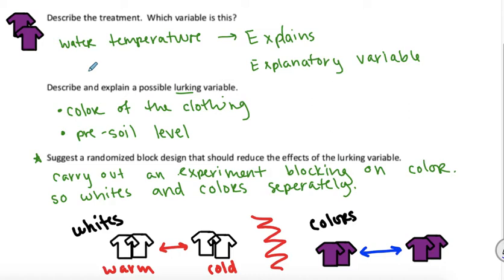So this could be a randomized block design. We know there's a difference in the cleanliness levels of whites and colors. Let's compare the warm and cold, addressing that difference that we know for the color of the clothing.